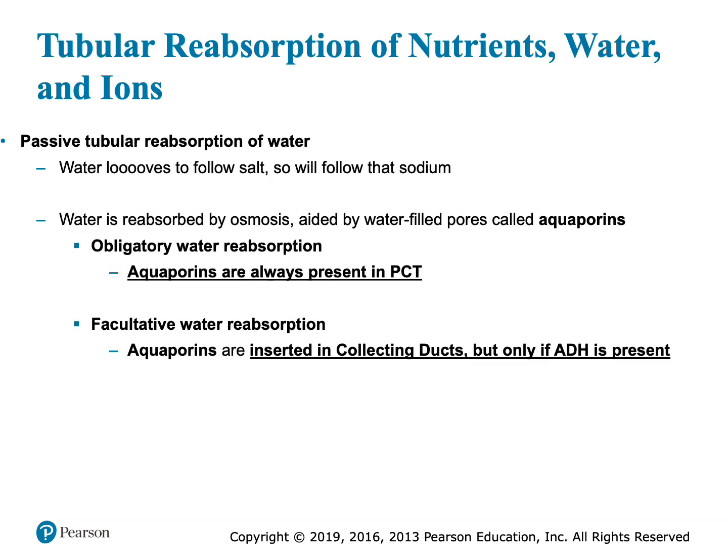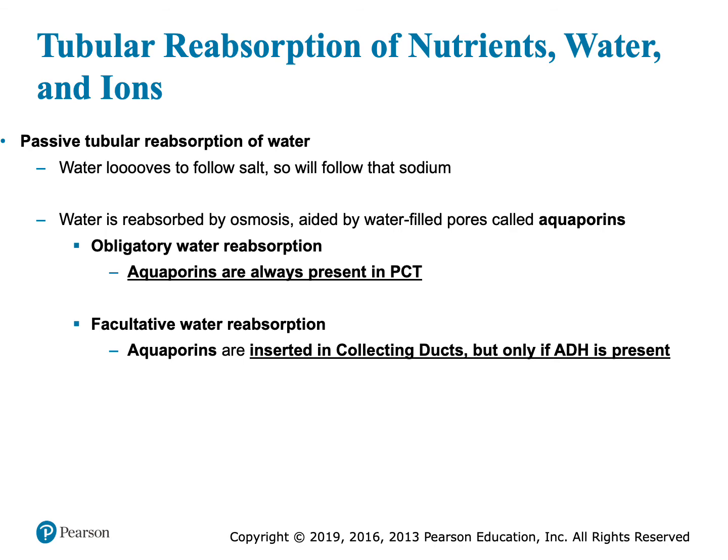Water often moves by osmosis, going from high concentration to low concentration, and often in this case through aquaporins. In the proximal convoluted tubule, we always have aquaporins. Depending on hormones determines if there's going to be more aquaporins put inside the collecting ducts or the distal convoluted tubule.